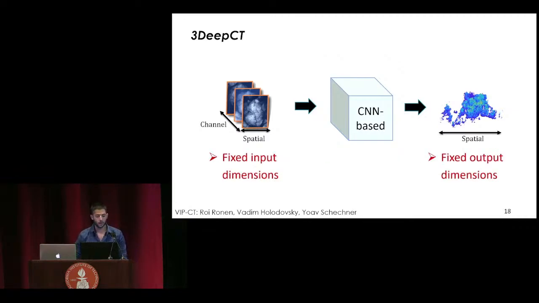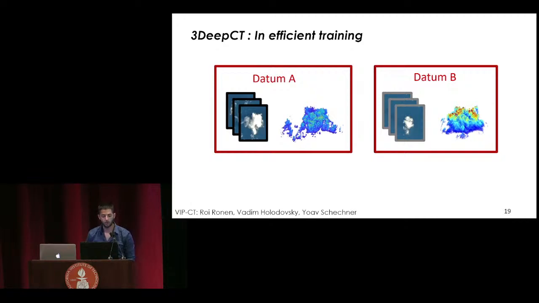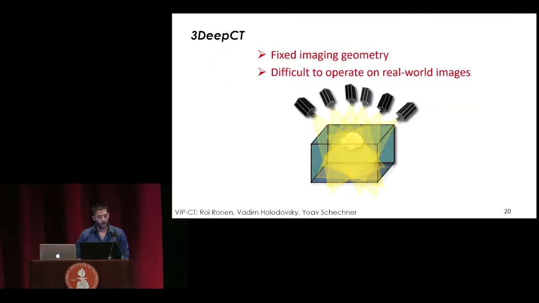But 3DeepCT has several limitations. It operates only on an array having fixed input and output sizes. Also, 3DeepCT uses inefficient learning, as each labeled datum is the complete 3D cloud. And it is designed only for a fixed imaging geometry. This makes 3DeepCT not applicable for real-world images.